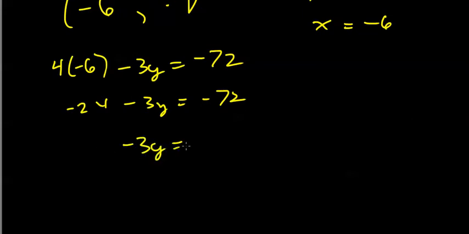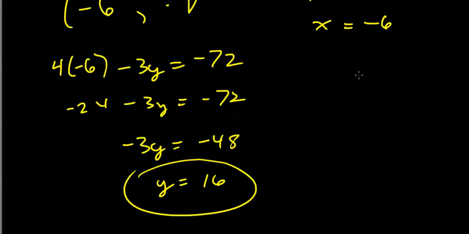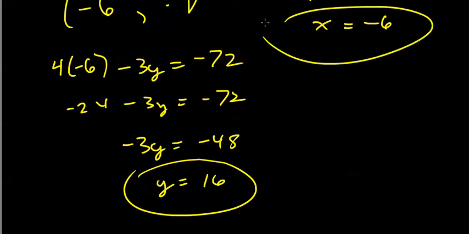So minus 3y equals, well, what's minus 72 plus 24? It's going to be a negative 48. And I'll divide both sides by negative 3. And I get a positive 16. So I know when x equals minus 6 in this system of two linear equations, y has to be positive 16.